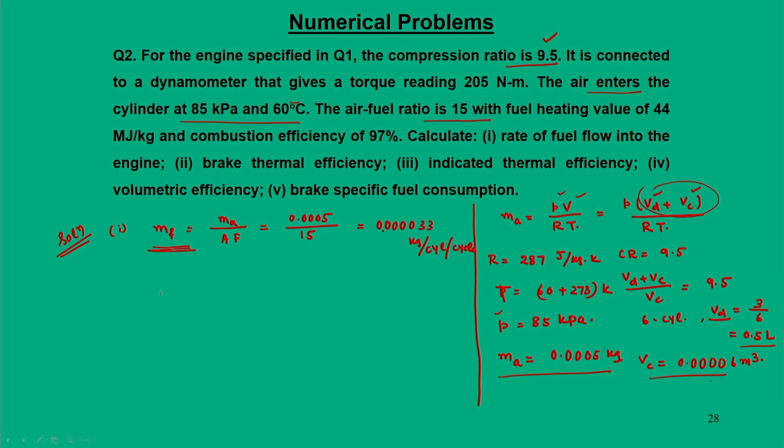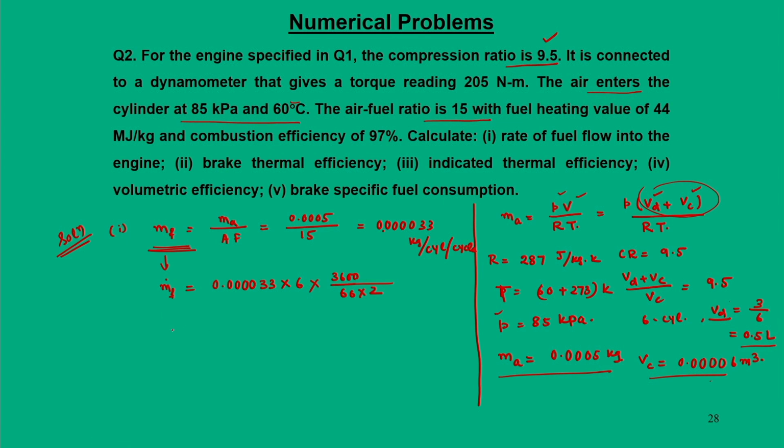So, this mass flow can be correlated to the mass flow rate m dot f, that is nothing but this number into 6 cylinders into the number of cycles, which is N by 2, that is 3600 by 60.